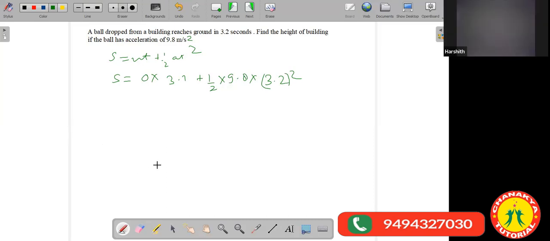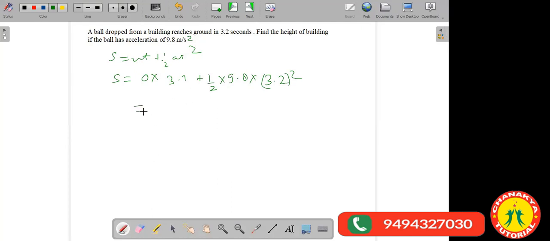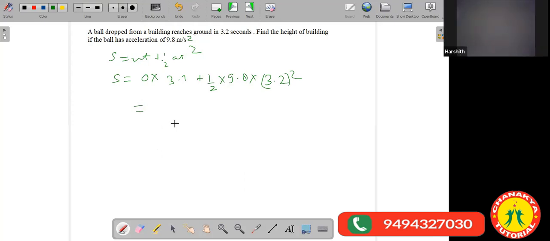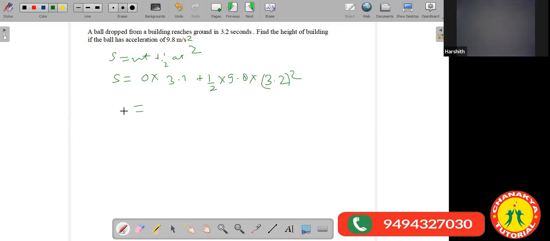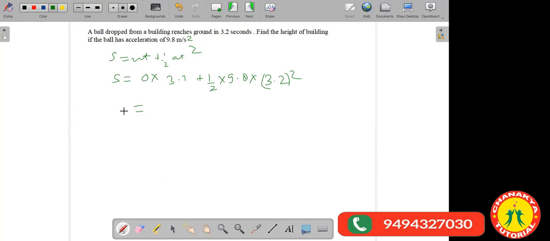So I'm getting the height as 152.674. Okay, let's have this: 9.8 multiplied with 3.2.